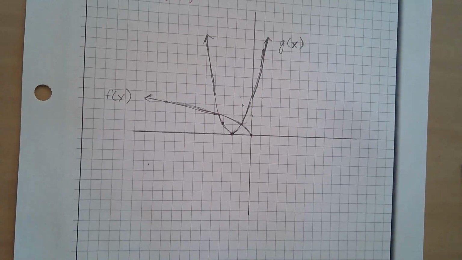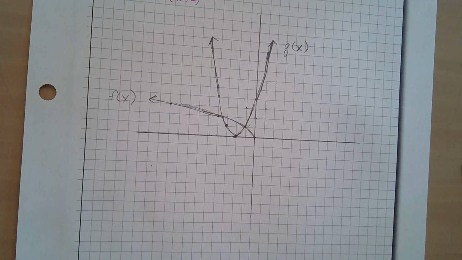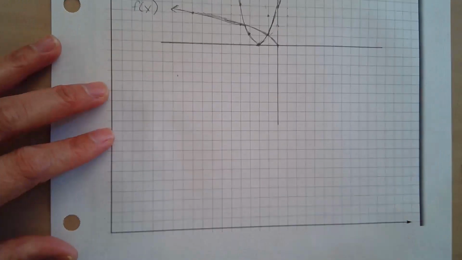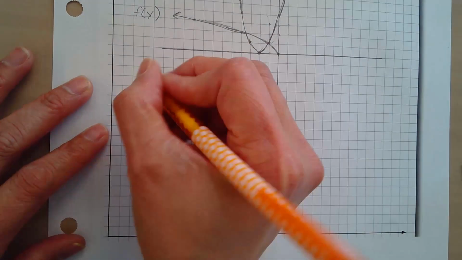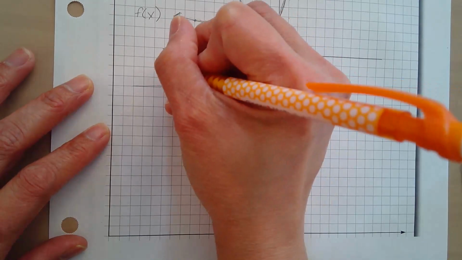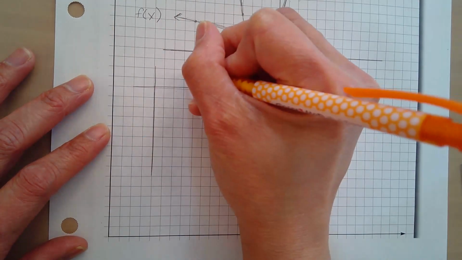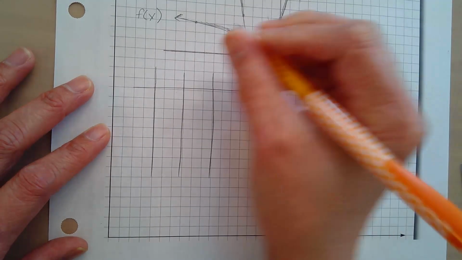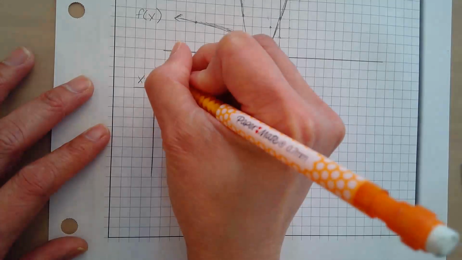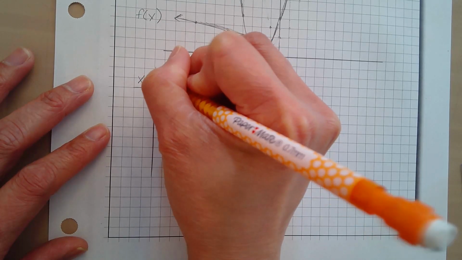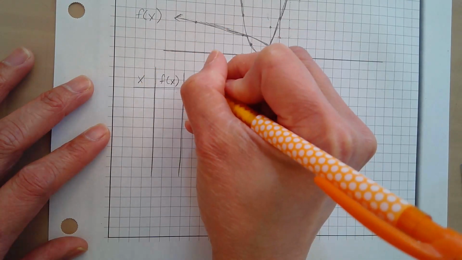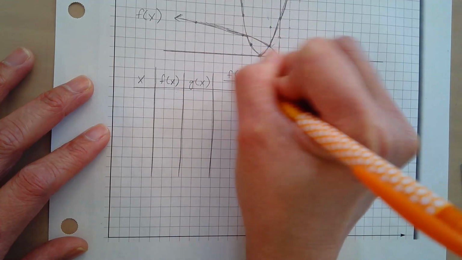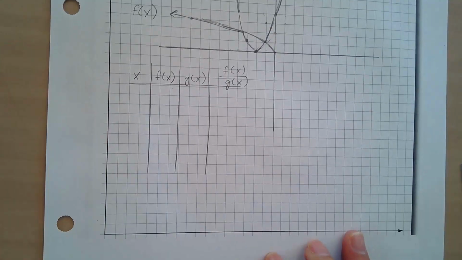Okay, so we have these two functions. Now we're going to divide them, right? The quotient of those two. Okay.